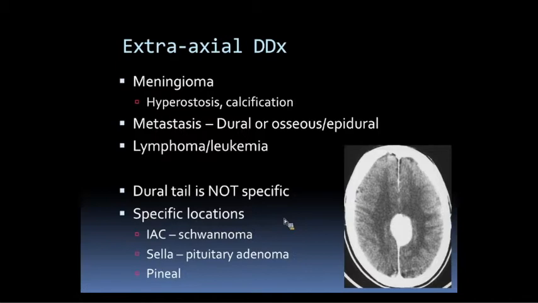In some specific locations, there are other things in the differential. In the IAC region, you're going to think about schwannomas versus meningioma. That's a classic differential for the internal auditory canal or CP angle cistern. In the sellar region, it's going to be pituitary adenoma versus meningioma, and you're going to try to distinguish those two. And then you can also have pineal region tumors as an extra-axial mass.